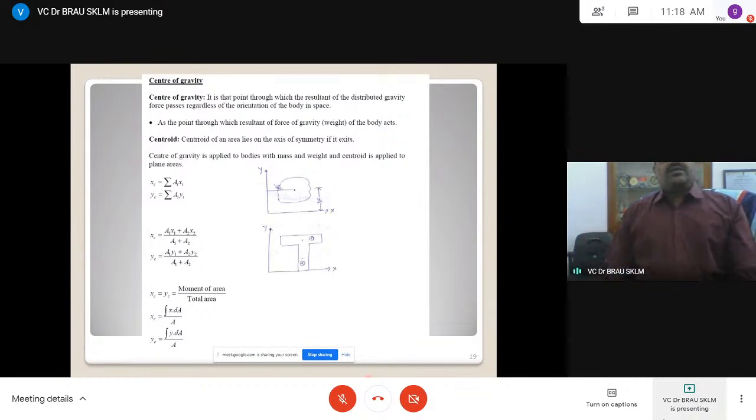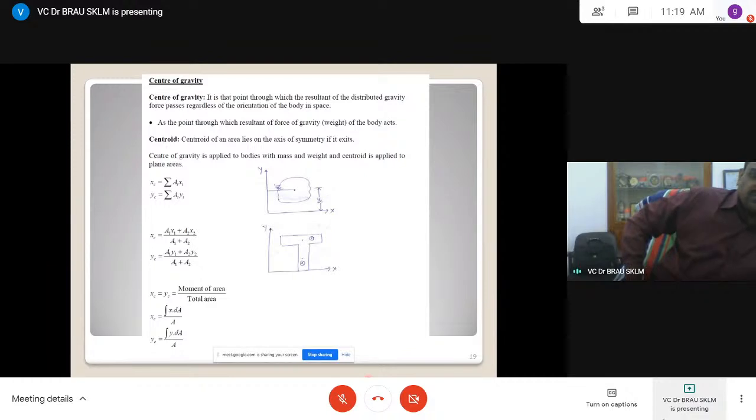A centroid of an area lies on the axis of symmetry, if you take this. Only area, like these shapes if you consider. Area means two dimensions. Center of gravity is applied to bodies with mass and weight; centroid is applied to plane areas. That is another difference.